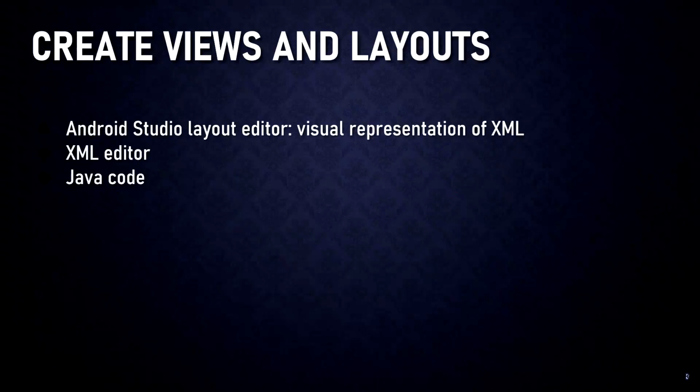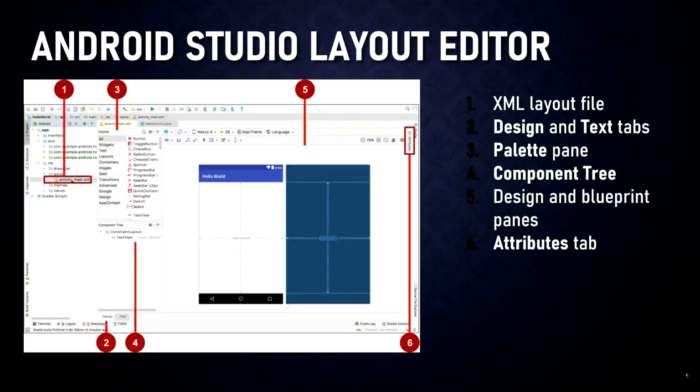I think we will just prepare the XML one in our workshop, but you can do it with any one of these three. So the first one is by using the Android Studio Layout Editor. You go to the layout file, the activity main XML that is there by default.